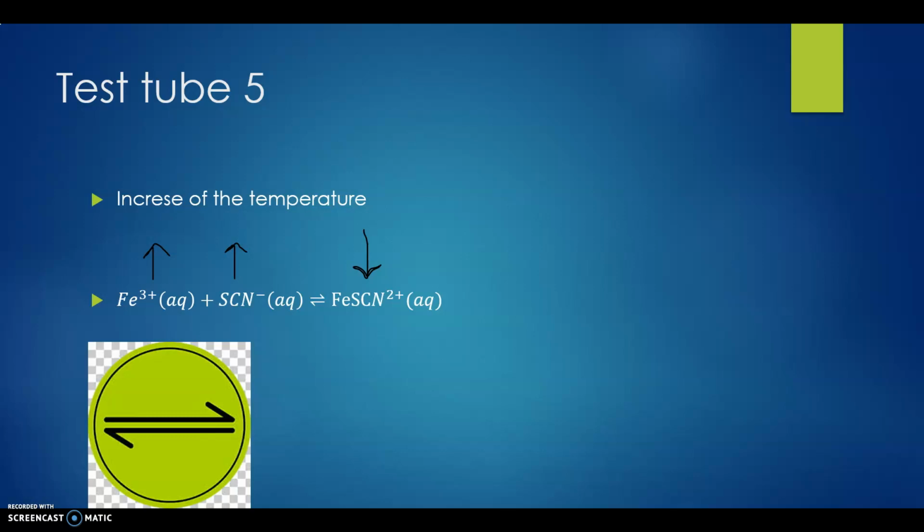In the sixth experiment, we did the complete opposite of before, and therefore we decreased the temperature in a cooling bath, and on the macroscopic level we saw a test tube with a much darker red solution, and therefore we are now able to conclude from the color that the concentration of our products had increased and the reactants had decreased.